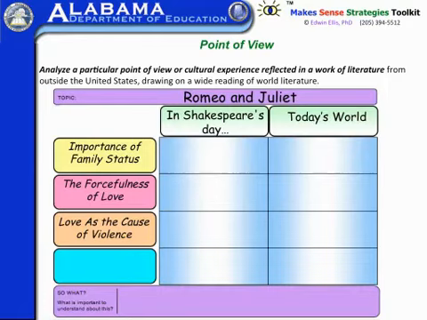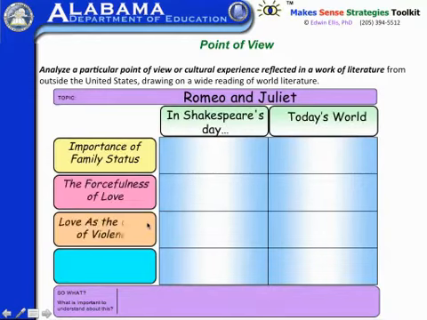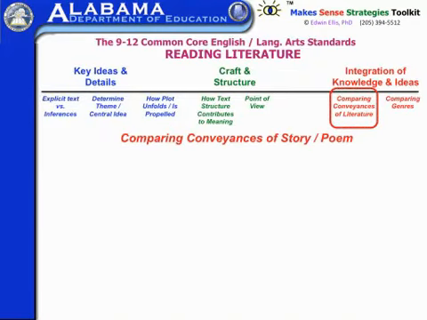Likewise, what we can do is actually set this up so that you have different characters in the story and a couple of important events in the story, and how each character views each event differently than the other characters do. So I'm just going to skip through this part, go on to the next thing.